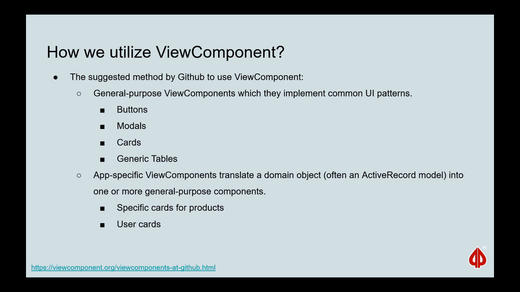The app specific view components are the components that you use through your business logic development. So for example, you put your business logic inside your app specific view component and then make a mixture of other components together to present it to the user. And this helps us to separate the two things, the UI patterns and the business logic patterns.